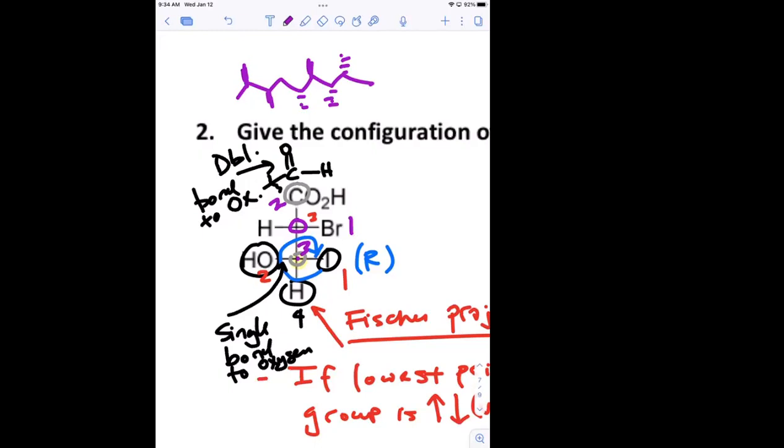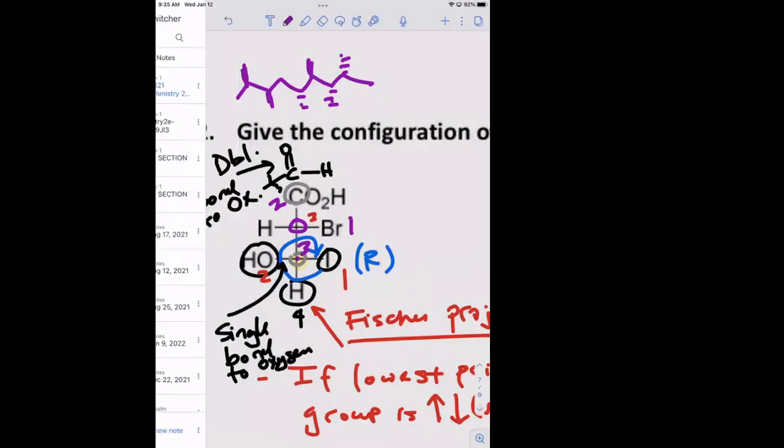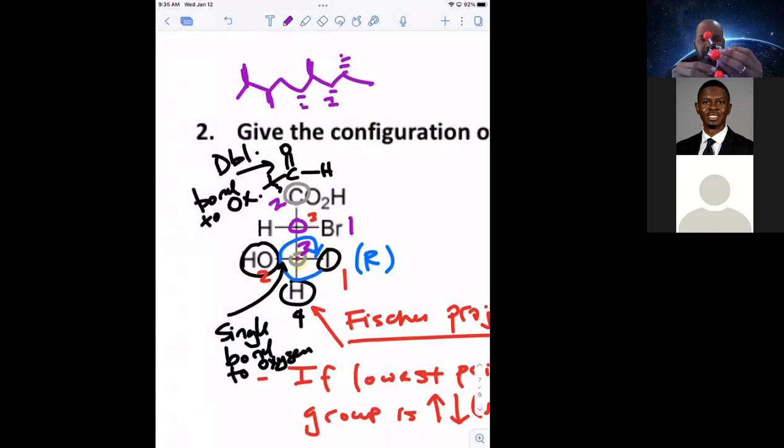All right. So what are you not seeing in the top example? I just wanted to see the orientation, how it looks. So it would look like this, right?